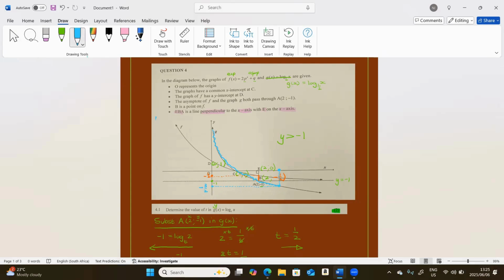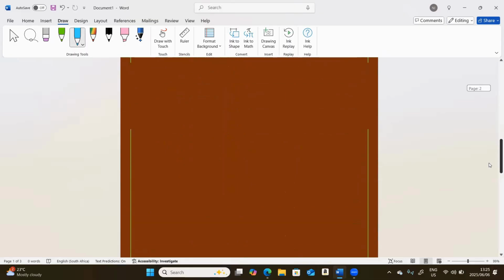We need the x value at this specific point, but we have the y value, which is negative 3 over 2. So to get this x value, we need to substitute negative 3 over 2 into the log function. So that is what we are going to do.